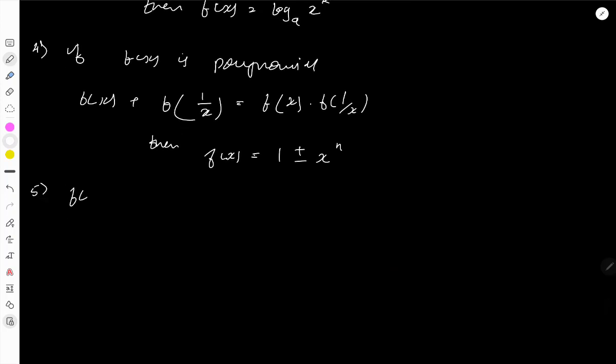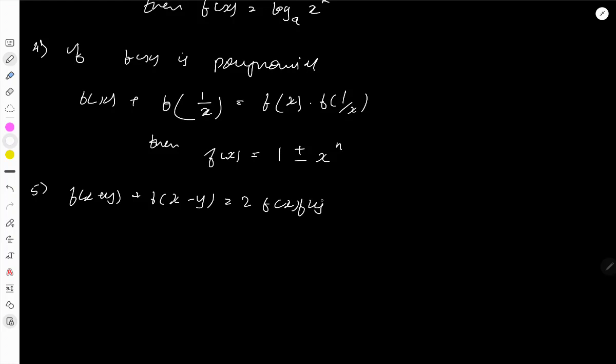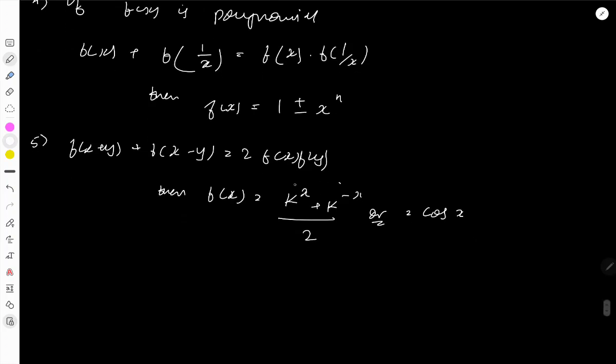Fifth one, f of x plus y plus f of x minus y is equal to 2 times f of x into f of y, then f of x is equal to k to the power x plus k to the power minus x upon 2, or simply cos of x, because this is the equation of the cosine function, and thus we write it equal to cosine.